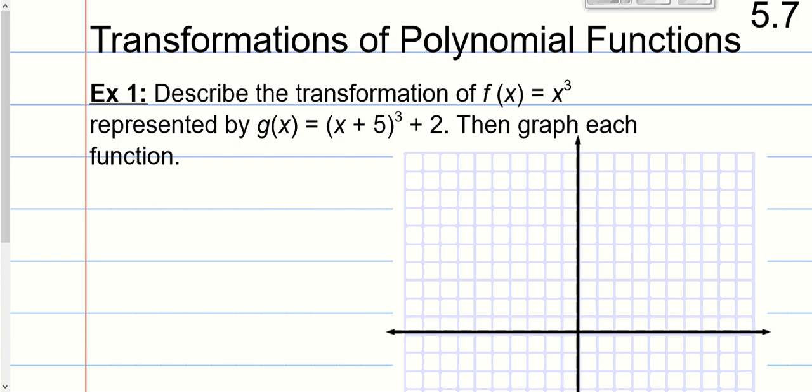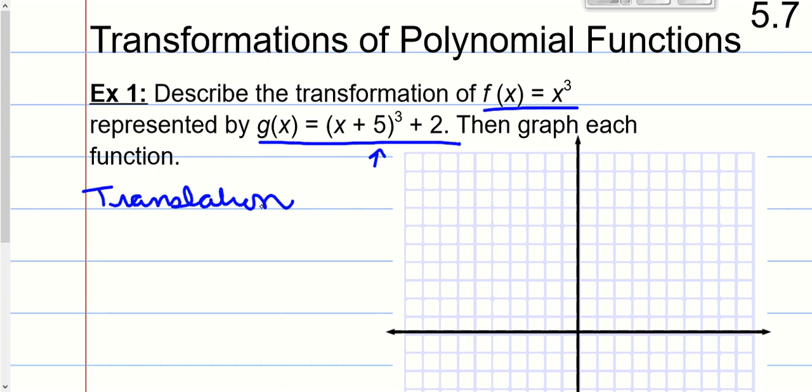So that being said, let's look at example 1. Describe the transformation of f of x equals x cubed represented by g of x equals (x plus 5) cubed plus 2, then graph each function. So, first of all, let's look at the plus 5. That is on the inside, and it is a plus, so that is going to be a translation to the left five units.